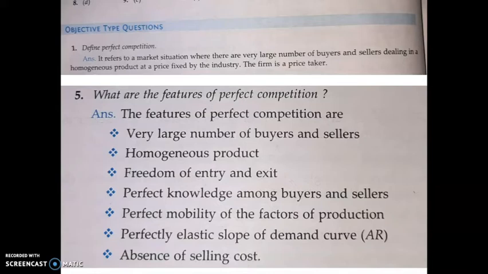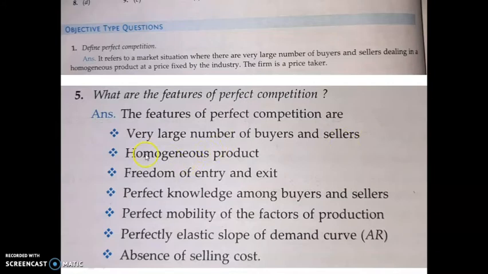Then, what are the features of perfect competition? The features are a very large number of buyers and sellers. From the definition itself, we can understand the features. What is the nature of the product in perfect competition?